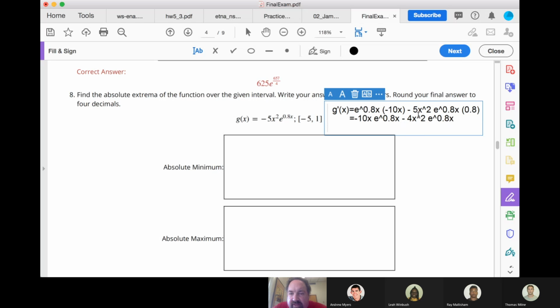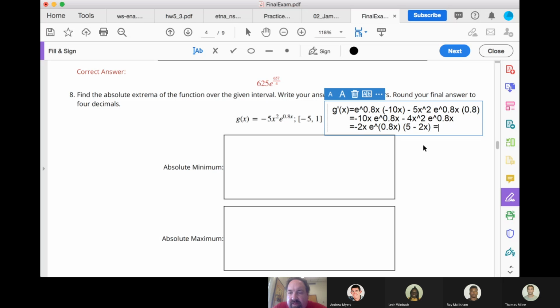So if we go ahead and do that, we also can factor out a -2x e to the 0.8x. So what's left? From this term, the only thing left will be a 5. And then the only thing left from this term will be a -2x.